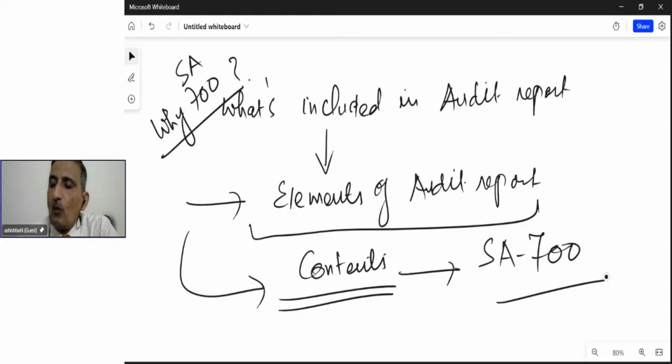So one thing is that when an audit report is prepared in accordance with standards on auditing, now I am talking about the report itself. The audit has been conducted in accordance with the standards on auditing. Now I am talking about the main thing, the audit report itself. So one thing is consistency and comparability.